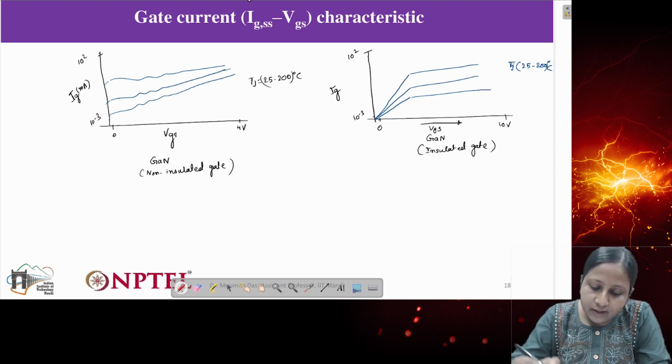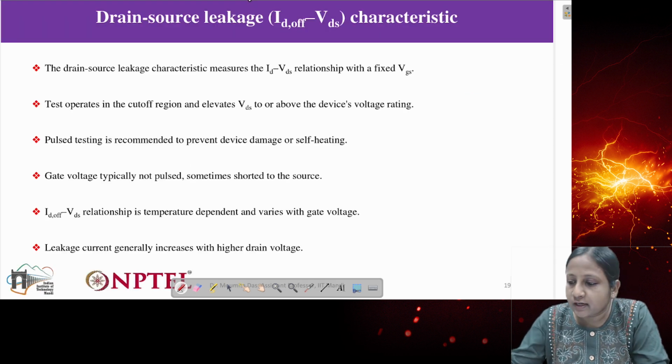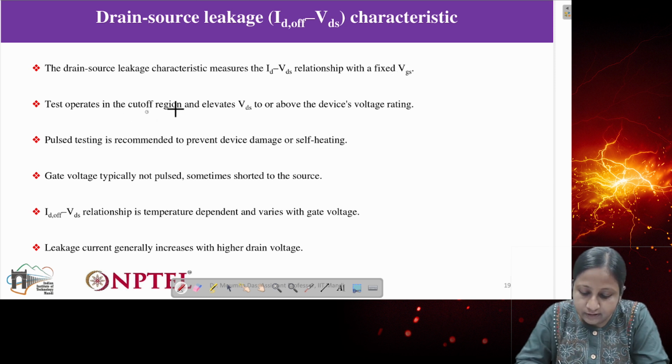Now another, or the last, characteristic which we can achieve from the static characteristics is the drain source leakage current characteristics. So this drain to source leakage current measures the ID-VDS relationship with a fixed VGS. The test operates in the cutoff region and elevates VDS to above the device's voltage rating.